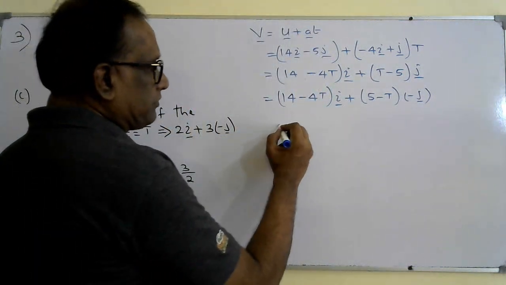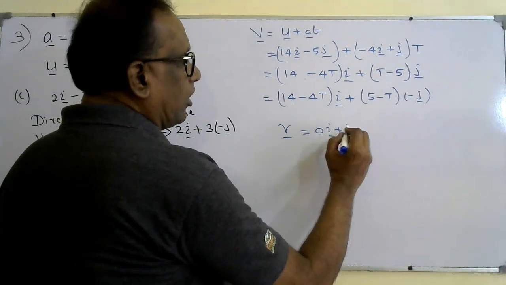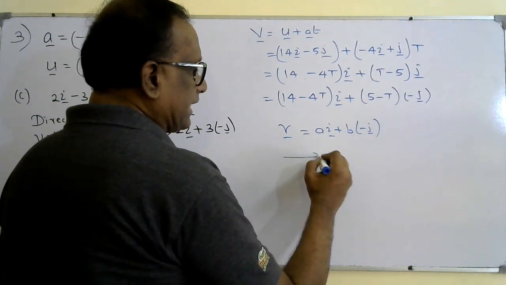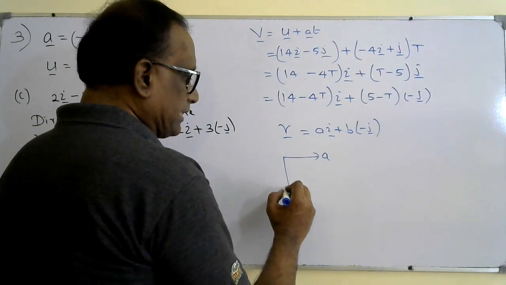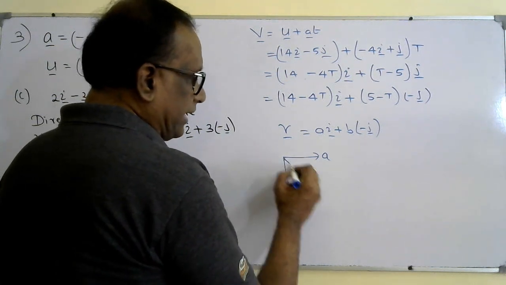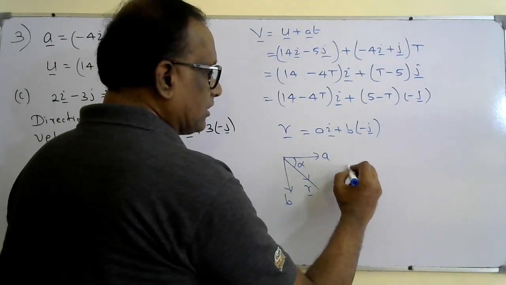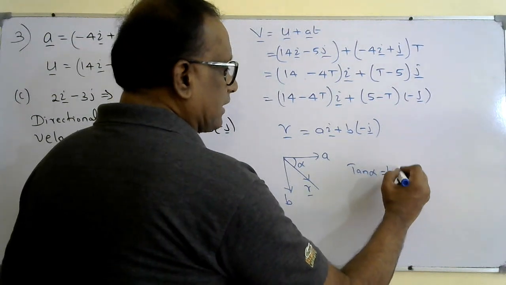For example, if there is a vector r equal to ai plus or minus bj, the meaning of it is that along the i direction, the magnitude is a. Along the minus j direction, the magnitude is b. So to find the direction of the vector r, if I say alpha, tan alpha is equal to opposite over adjacent, that is b over a.